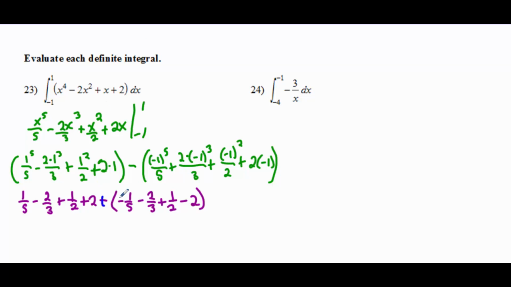So this will be plus, plus, minus, plus. So the only thing that cancels are the 2/3, or wait, maybe these cancel also. And we get 1/5 plus 1/5, which is 2/5, 2 plus 2, which is 4, which is 4 2/5. I am not super confident that that is the answer because it's really easy to make a mistake on this.